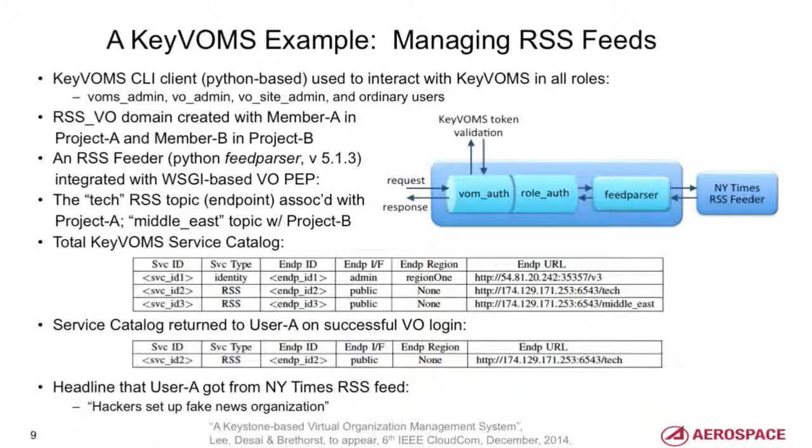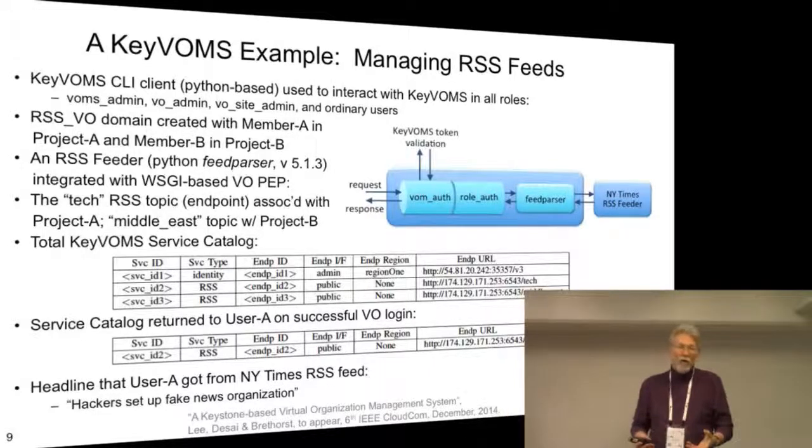These users were created that had different roles that allowed them to access these different RSS feeds based on their project membership, such that when, say, a user A would authenticate with project scope, they would only discover the RSS feed that they were authorized to discover and use.